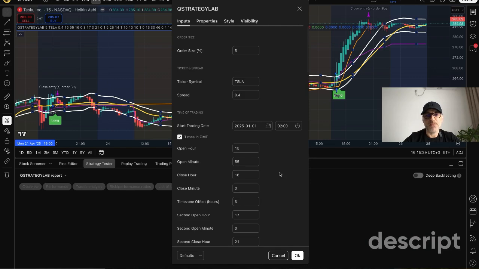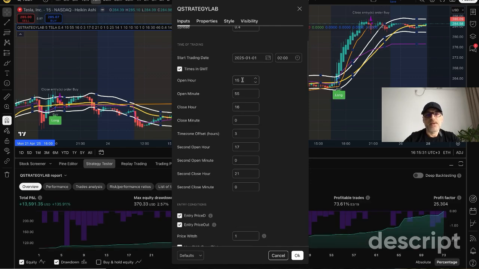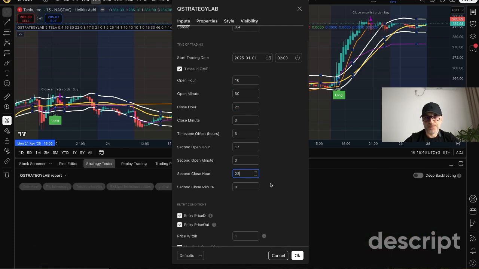Then we'll move to the inputs. Here you will see that we have 2 sessions. Now we will select the first session to start at 16:30 until 22.